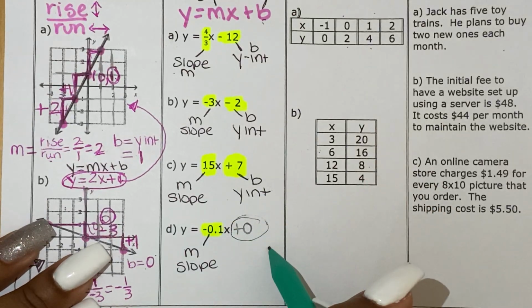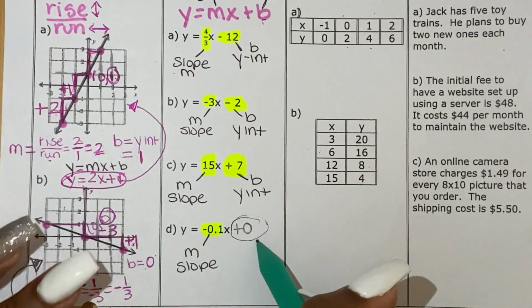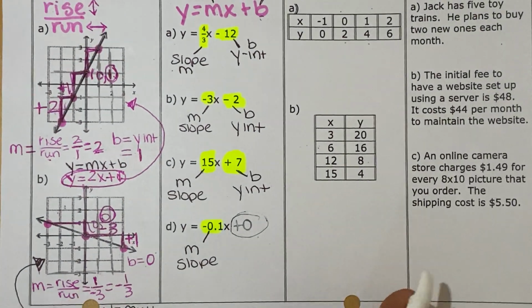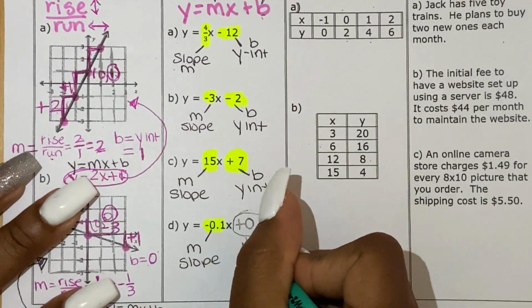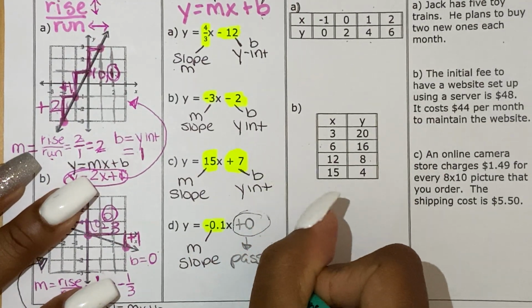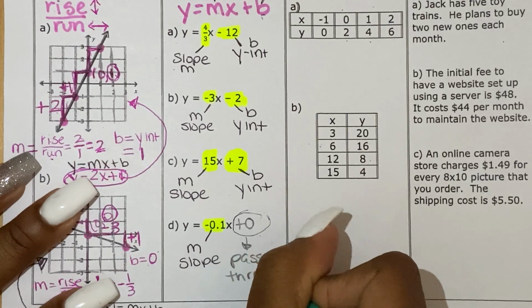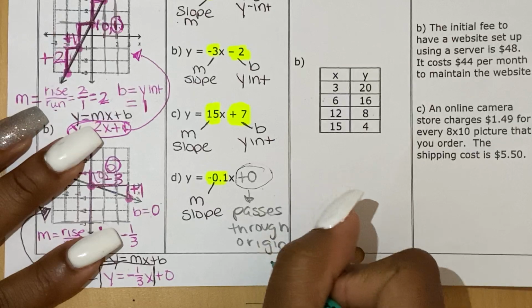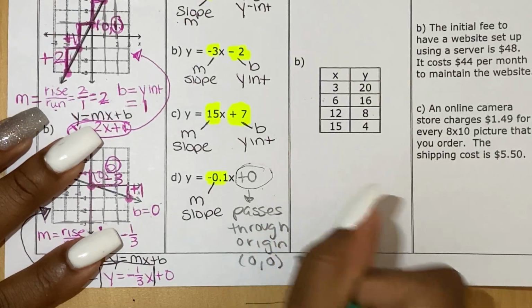If nothing takes the place of b, then 0, or the origin, is your y-intercept. This line passes through the origin, which is 0, 0.